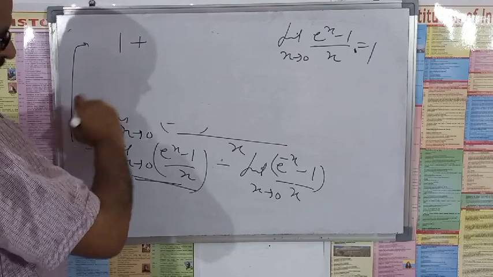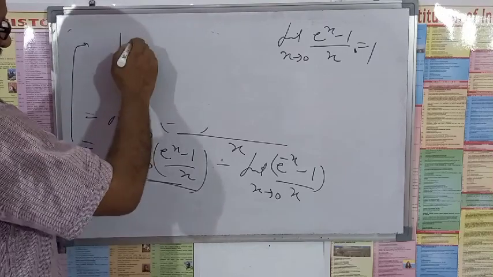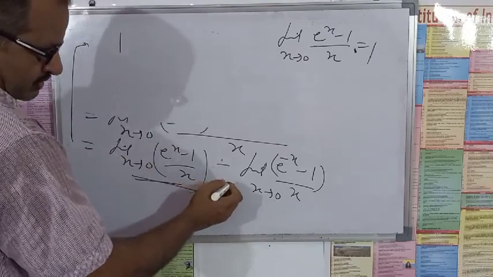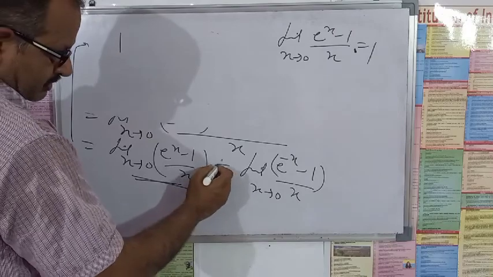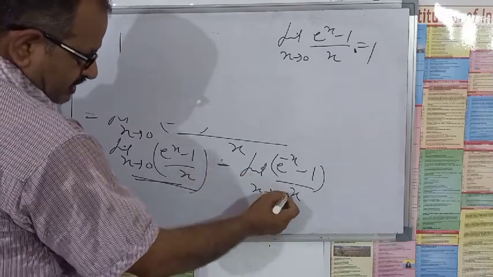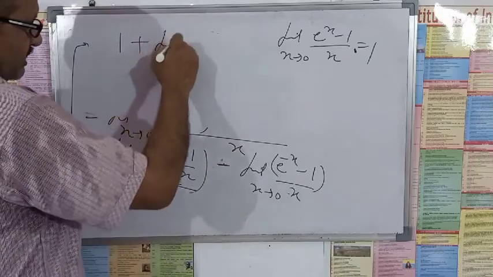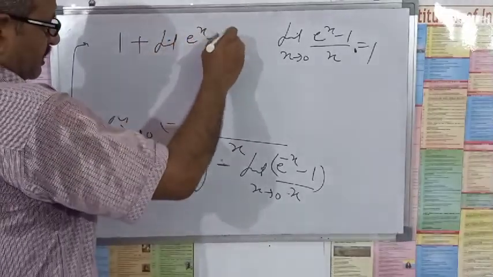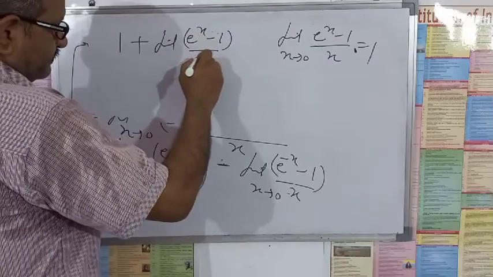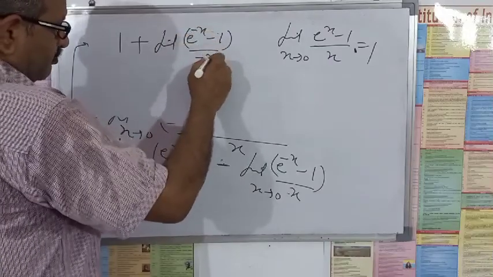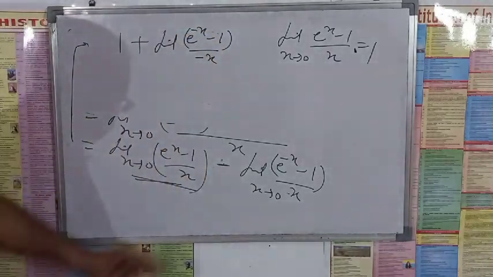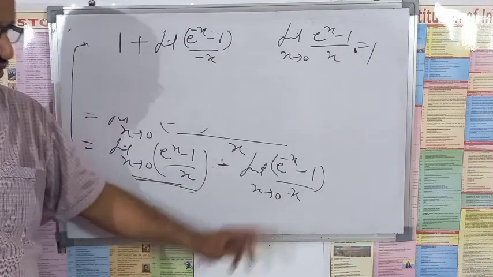So we can write here, take this minus sign with this denominator x, make here plus sign, and write limit e to the power x minus 1 upon minus x.